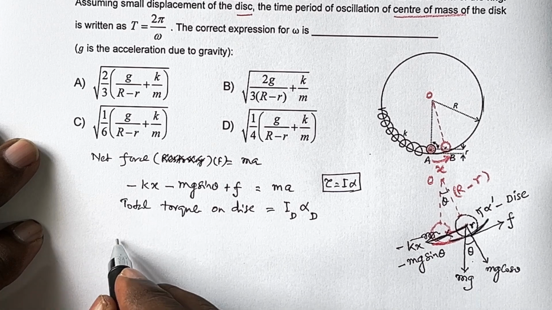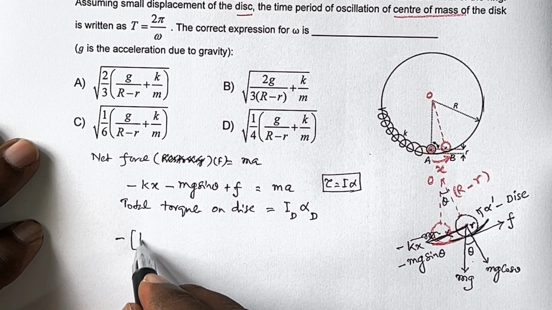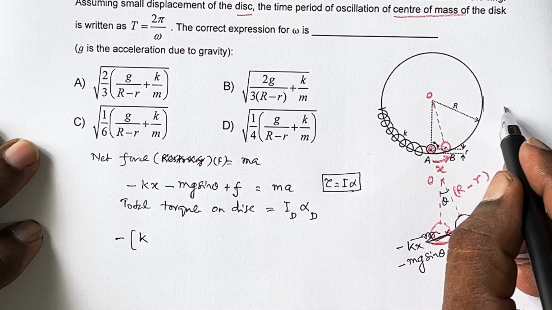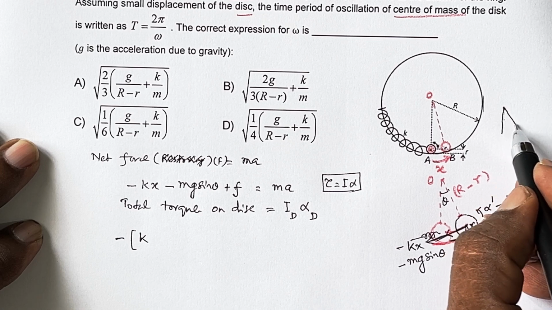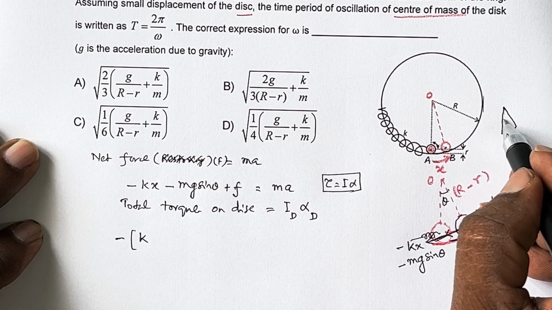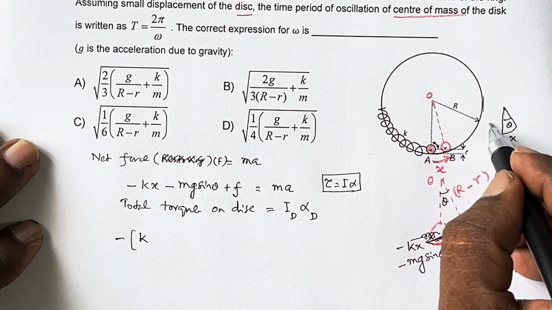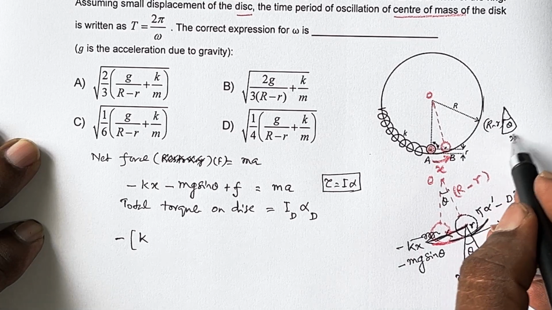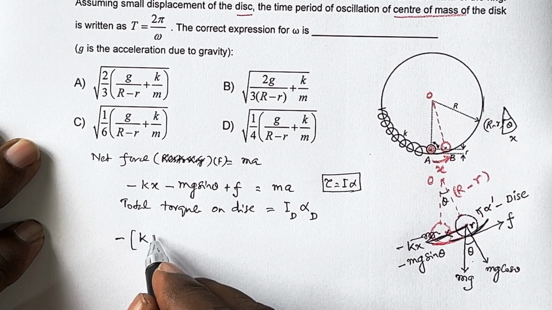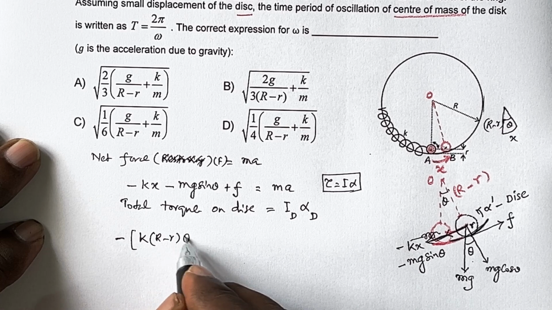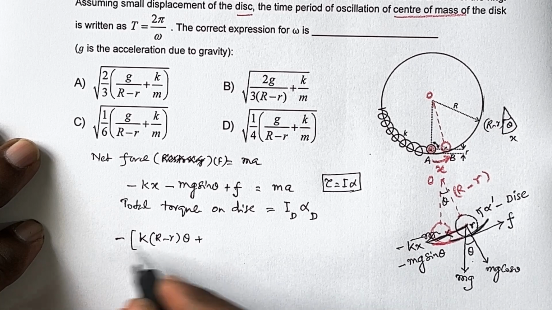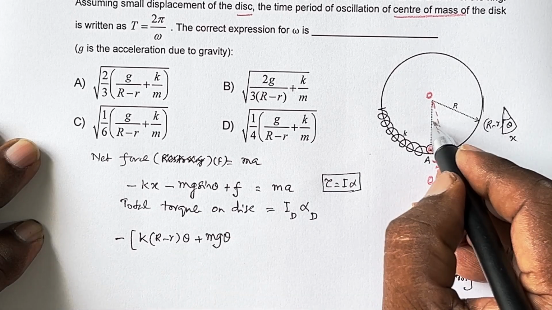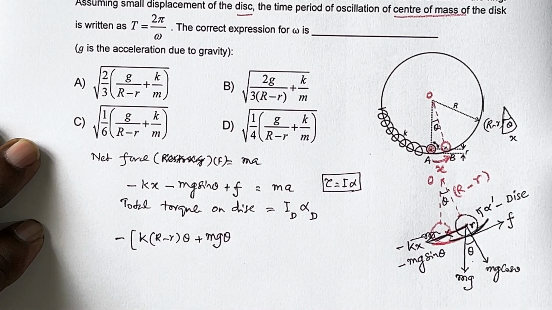Now I will take minus common k. This distance x is r times theta, where the distance is (R minus r) times theta, plus mg theta, because theta is very, very small.